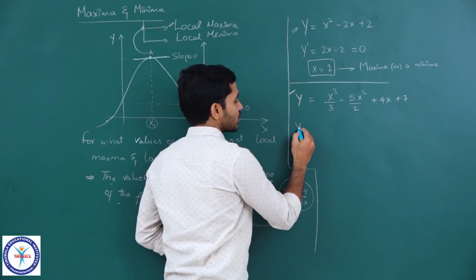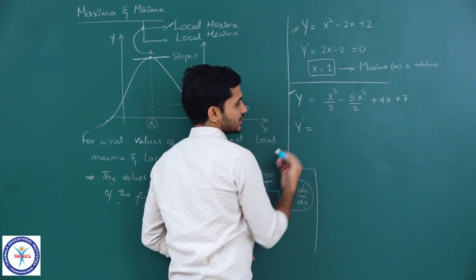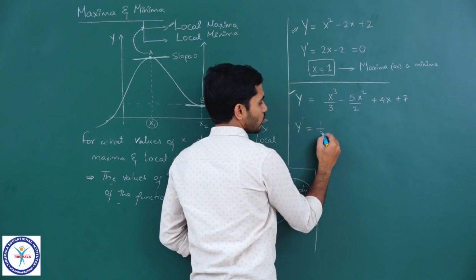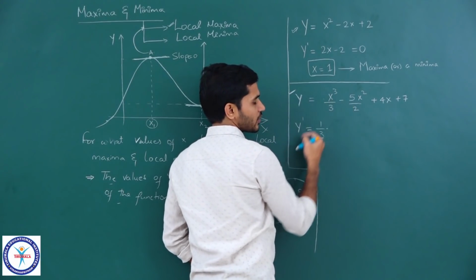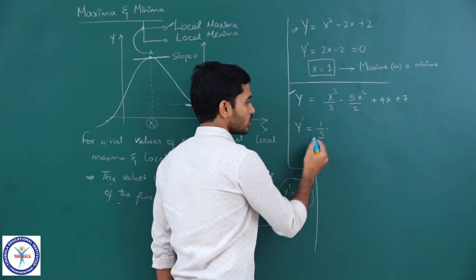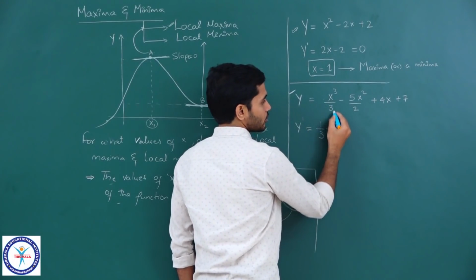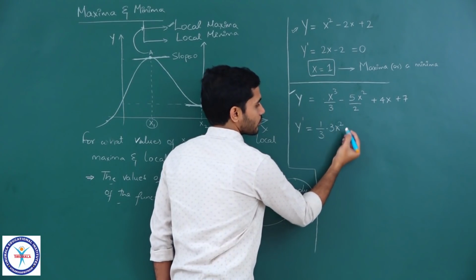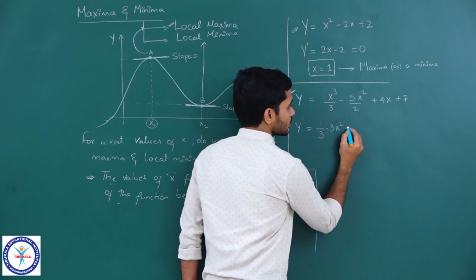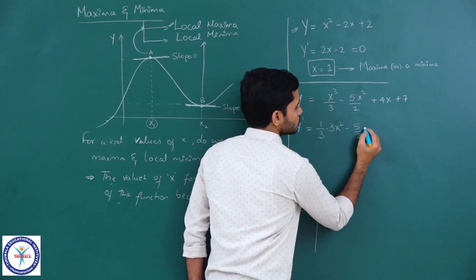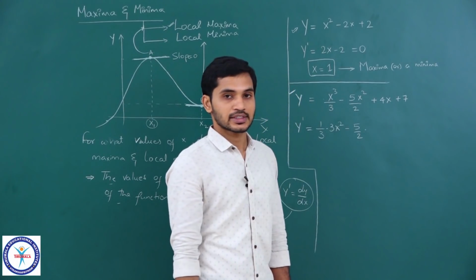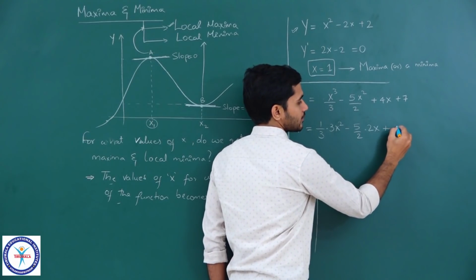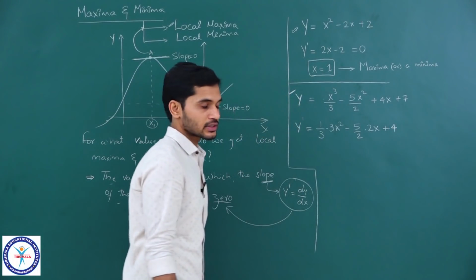I will differentiate this function. So, I have y dash is equal to, let me differentiate, what do I get? I will bring 1 by 3 outside, 1 by 3 into the derivative of x cube. What is the derivative of x cube? I bring 3 down and decrease the power by 1, so 3x square, minus 5 by 2 into the derivative of x square, you know it is 2x, plus 4, right students.